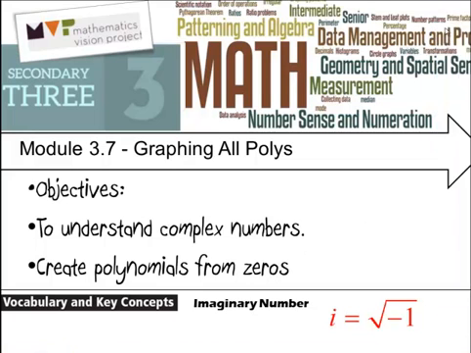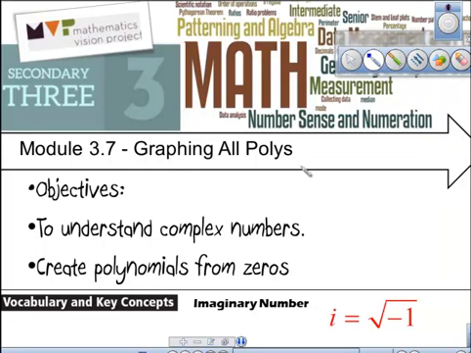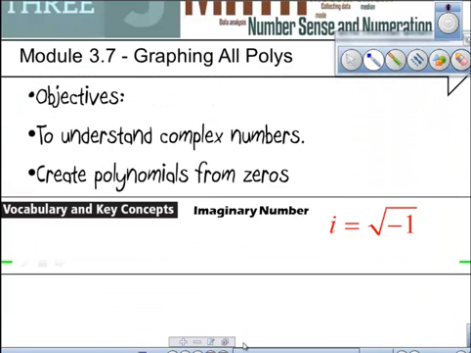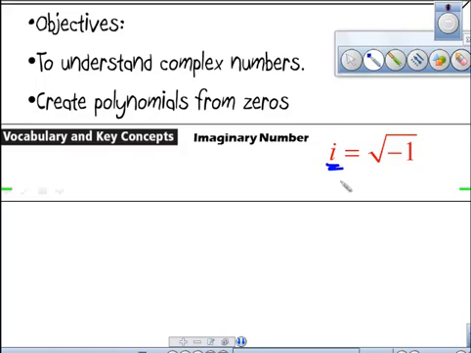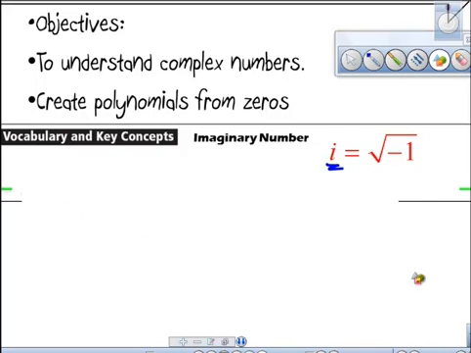So where does i come from? Where does an imaginary come from? I don't get it. Why do we have these things called imaginary numbers? Well, it all comes back to a square root. Okay, something happens whenever we take the square root. The square root, this little guy, even as innocent as this looks, this is asking a question.